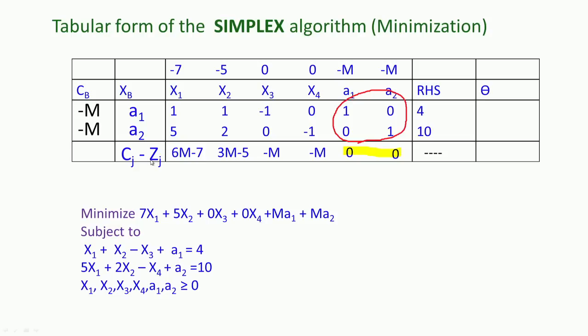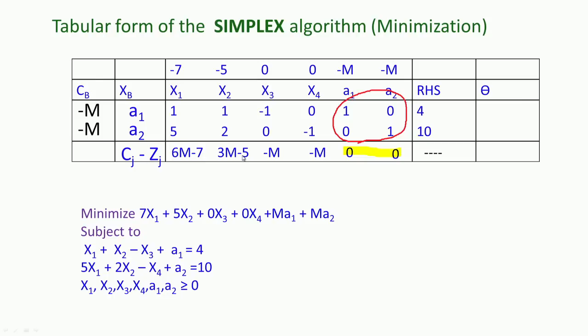We now have to find out whether there is another variable that can come into the solution. So now we look at the Cj minus Zj values. So we find that variable which has the largest positive Cj minus Zj. Now this is a negative value, this is a negative value. These two are positive values. As m is large, both are positive values.